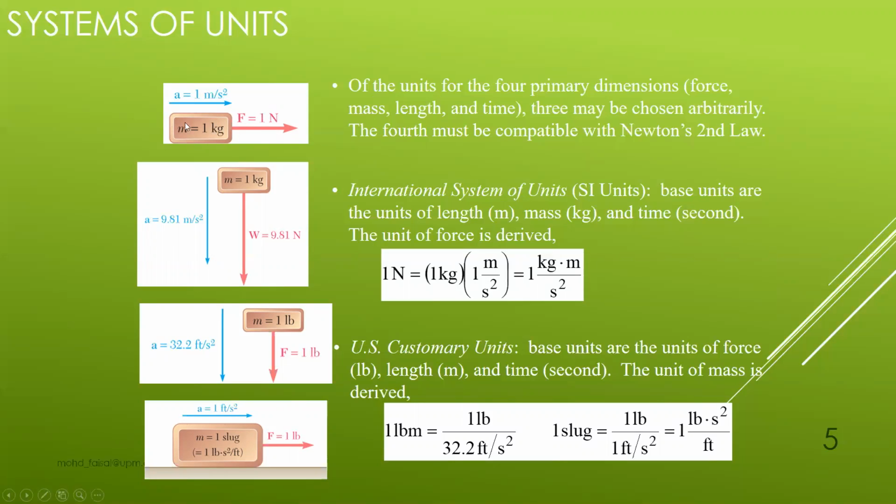Here we can see that there is a mass of 1 kg moving to the right, and we can assume that it is moving at 1 meter per second, and therefore we have the total force of 1 Newton, because 1 times 1 equals 1. In the same way here, if we have a mass of 1 kg dropped from a certain height, and we know that the acceleration of gravity is 9.81 meter per second squared, therefore the weight of this particular block is 9.81 Newton.